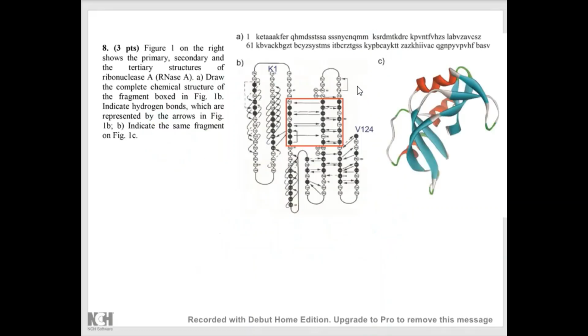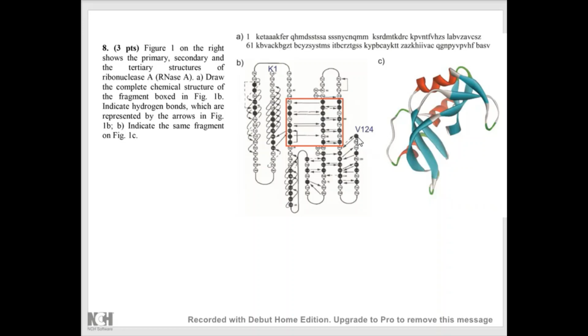Now, in order to find out where this fragment is located on the structure, I would go after the valine residue and indicate that this is the C-terminal end, with a valine as the last amino acid.